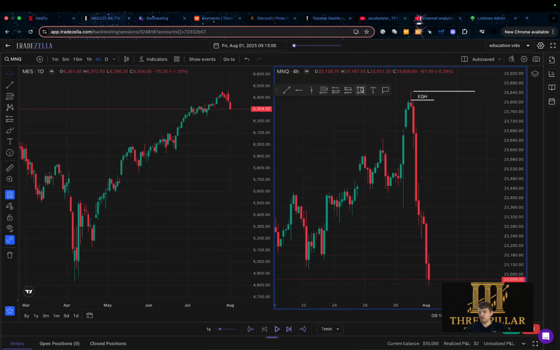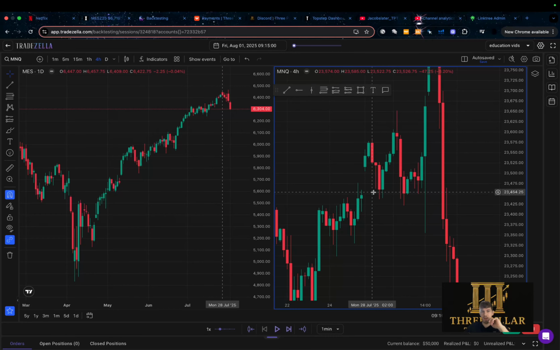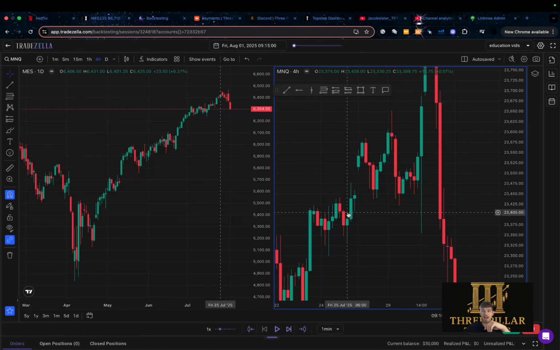Now what we'll move on to is the new week opening gap, which is here. Between Friday and Monday, or the Asia session, which starts on a Sunday at 8 PM, you've got a gap in price where the market closes for New York for the weekend on a Friday, and then opens back up on Sunday for the Asia session. So what you have is a gap in price here.